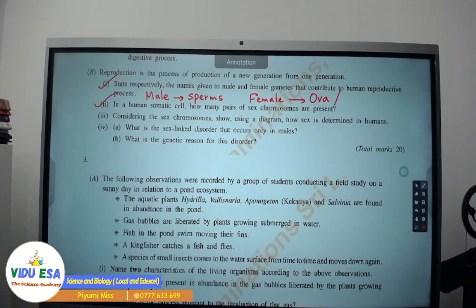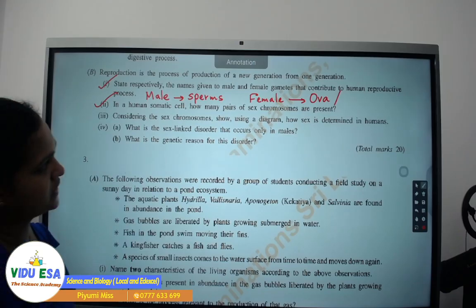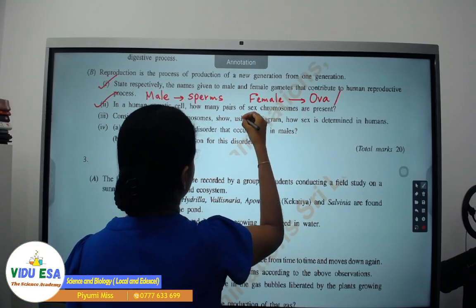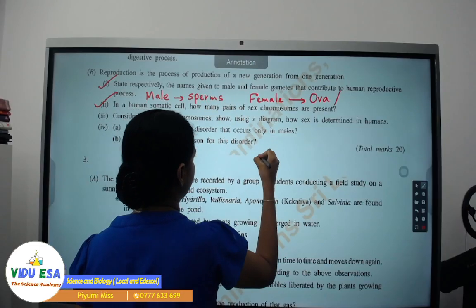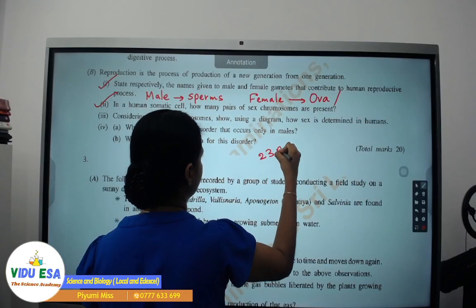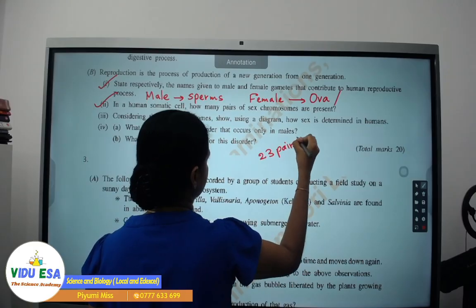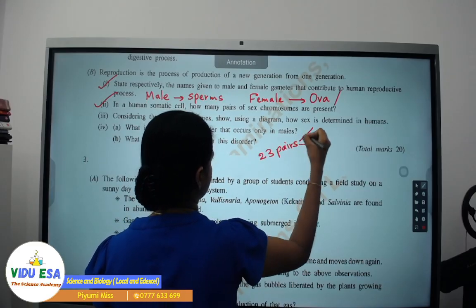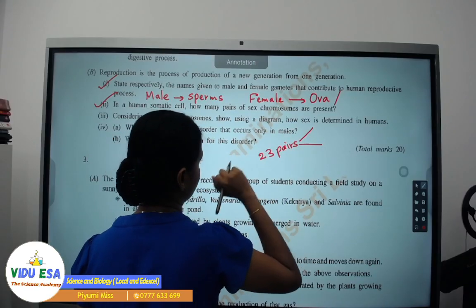In a human somatic cell, how many pairs of sex chromosomes are present? So you know, in a somatic cell we find 23 pairs of chromosomes. Right? 23 pairs of chromosomes are there.